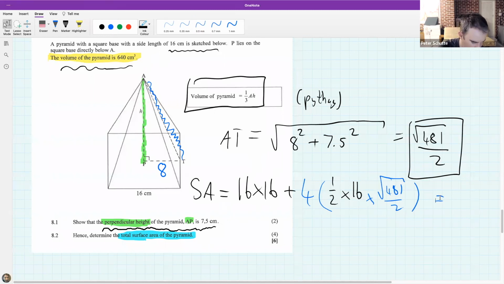And that should give me my final answer. So let's see what we get. And don't be afraid to use your fraction button here. Otherwise, you're going to get into trouble.